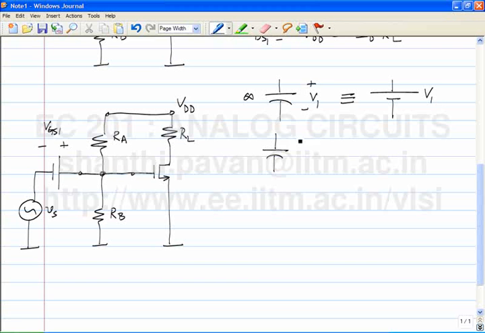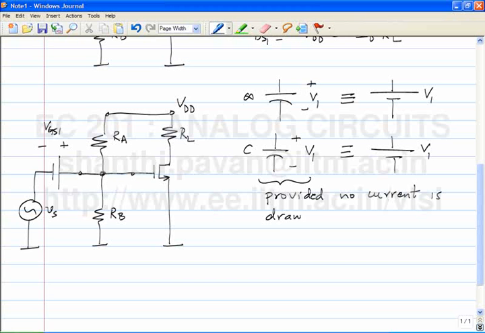Another thing to bear in mind is that a finite capacitor charged to voltage V1 is equivalent to a battery of voltage V1 provided no current is drawn from the capacitor. So, in other words, the next thing to do is to simply replace the battery by a very, very large capacitor.